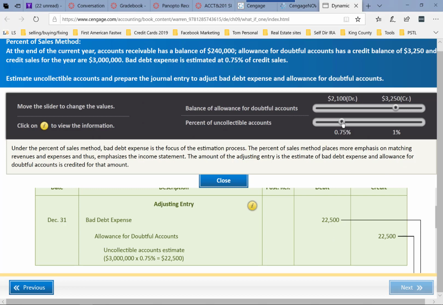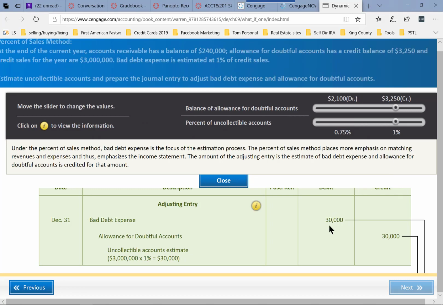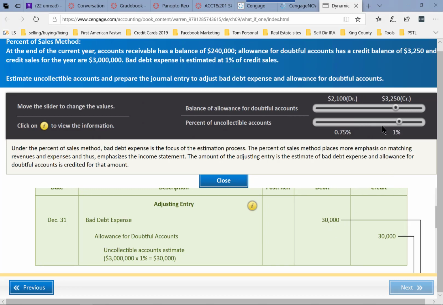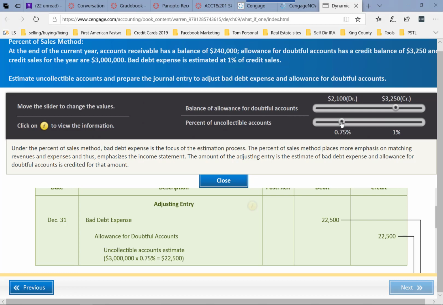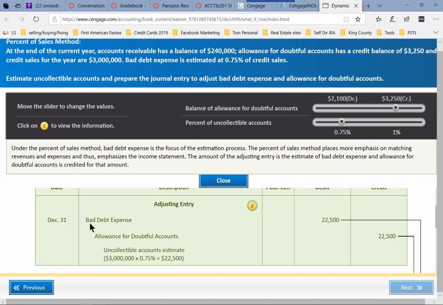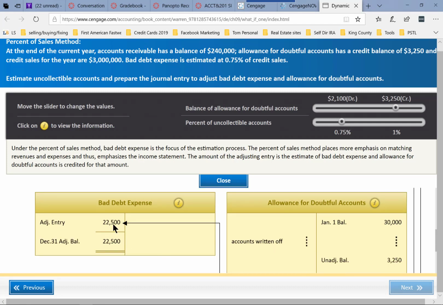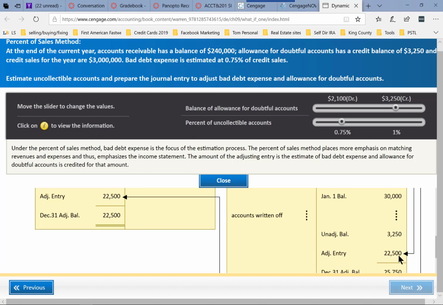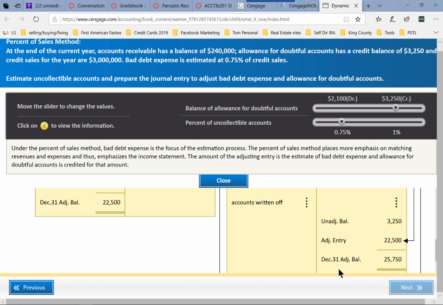If I move this to 1%, you can see this number changes. So we're at the correct numbers here. The bad debt expense is $22,500, and the allowance is credited $22,500. It shows that in the T accounts here: bad debt expense debit, allowance for doubtful accounts credited $22,500, leaving a balance of $25,750.